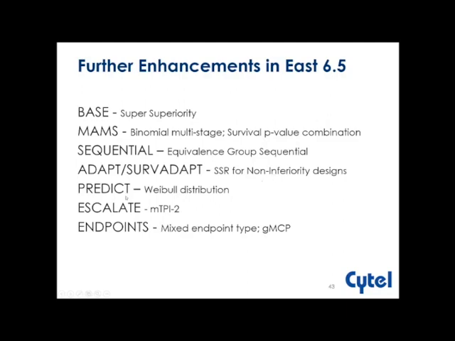Predict is our module for event and enrollment prediction, and in 6.4, Predict relied on piecewise exponential simulations, and now we've added a Weibull distribution for simulating events. As I showed you in the program design demo, in Escalate we're adding a few new features, including the MTPI-2, which is becoming more popular as a replacement for MTPI.